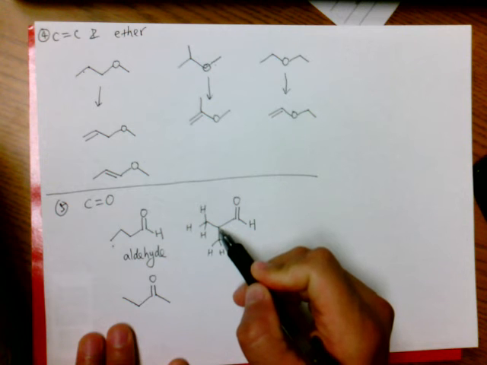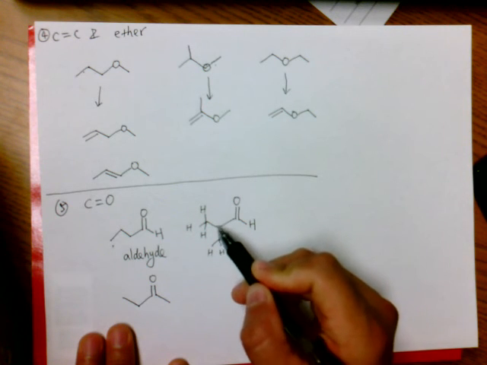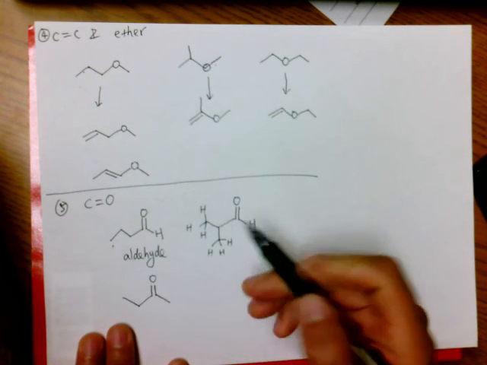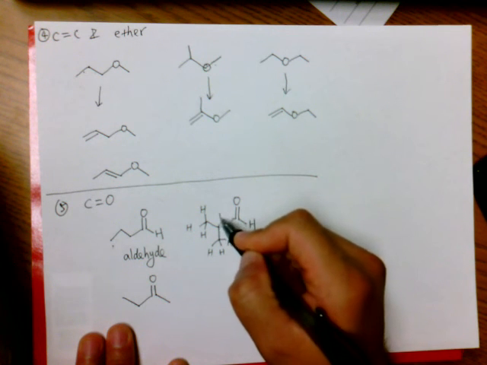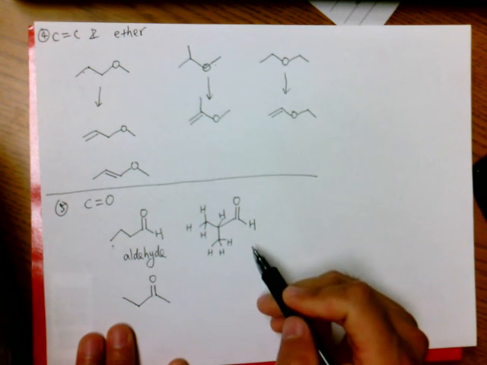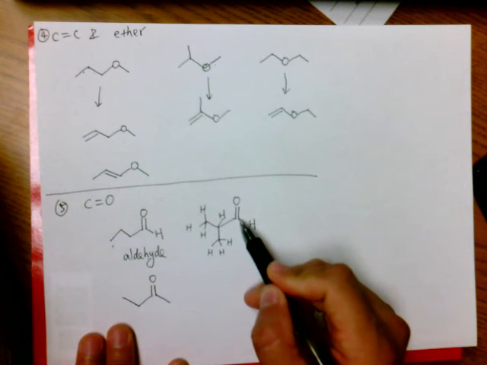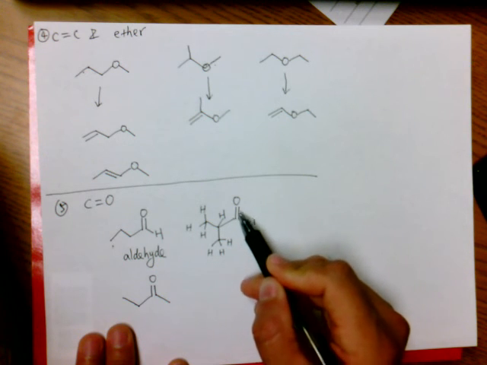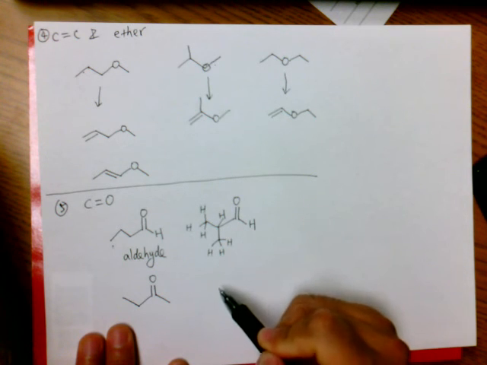The middle carbon down here already has 1, 2, 3 bonds, so to achieve octet that means we have another hydrogen down there. So this carbon is already good with octet because it has 1 double bond plus 2 single bonds.